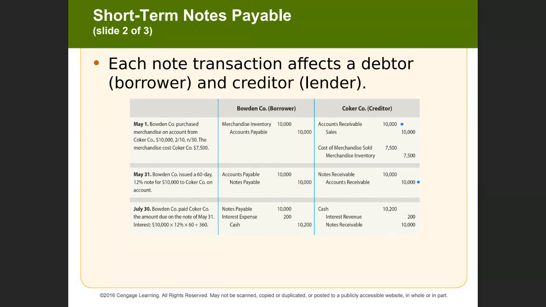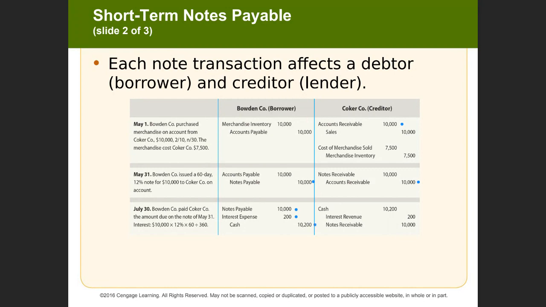So when Bowden pays Coker, Bowden is going to debit their note payable, which is going to clear that out. So we had a credit here, now we have a debit here, so we've cleared out our note payable. But we also have our interest expense. So we have to debit our interest expense account, and we're going to credit all of that to cash.